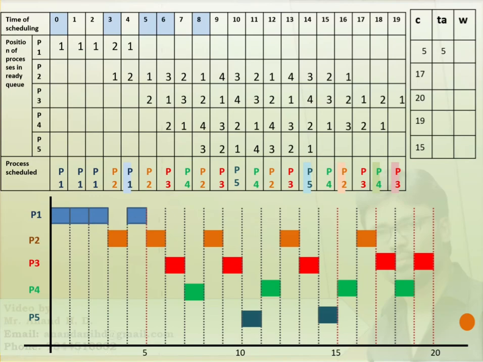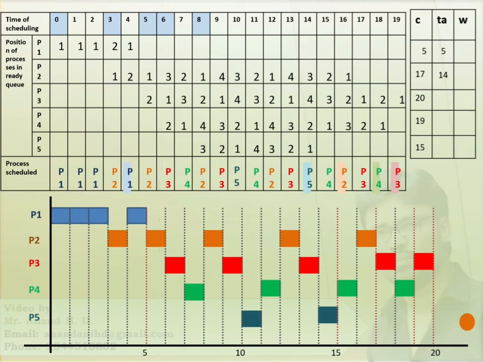Okay, so if we calculate for process P2, service time is 1, 2, 3, 4 and 5, and it was waiting for 1, 2, 3, 4, 5, 6, 7, 8, 9. So service time is 5 time units and waiting time is 9 time units for process P2. So 5 plus 9 is 14 time units.